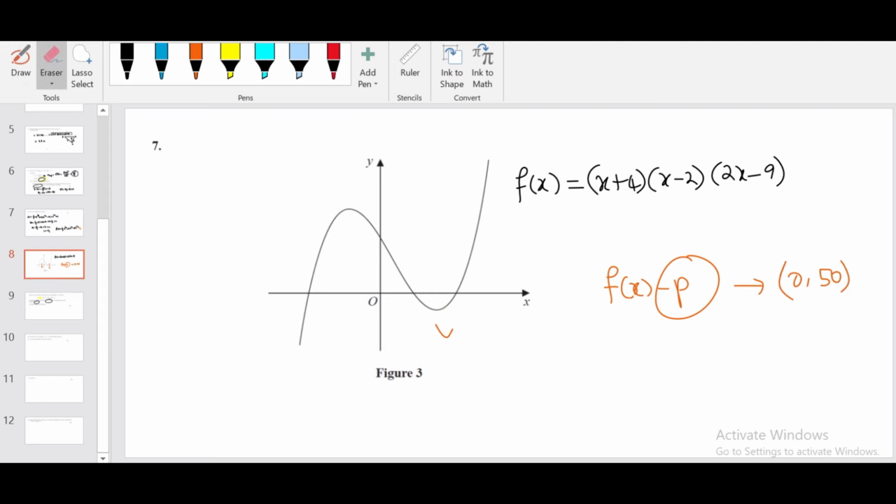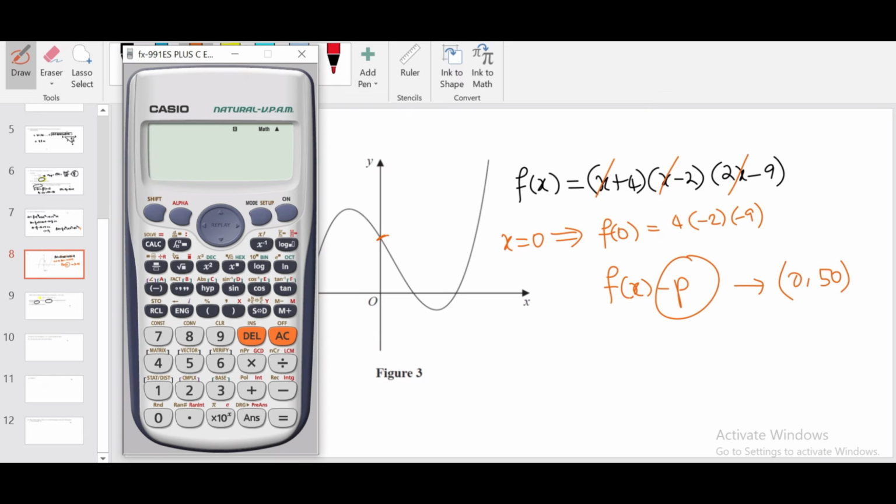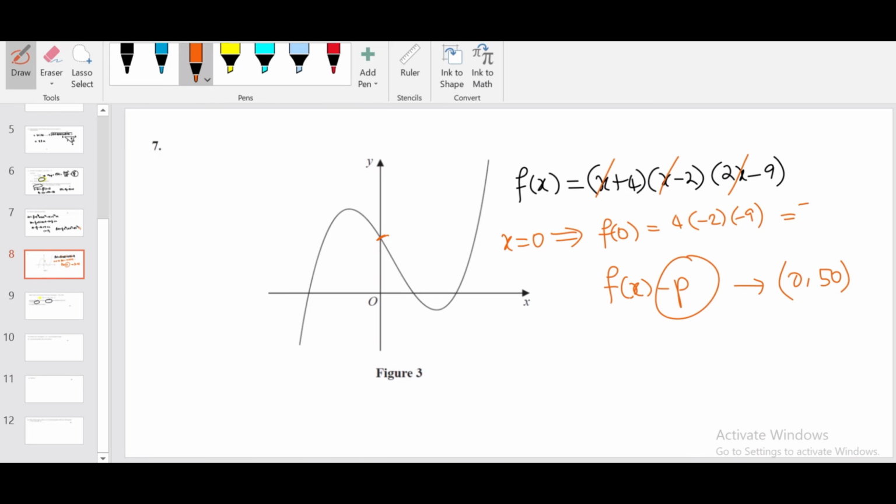Now first, actually, before we push down, let's find this point. When you replace x by 0 here, you have to write the step: x is equal to 0 implies f of 0 is 4 times minus 2 times minus 9, which is 72.